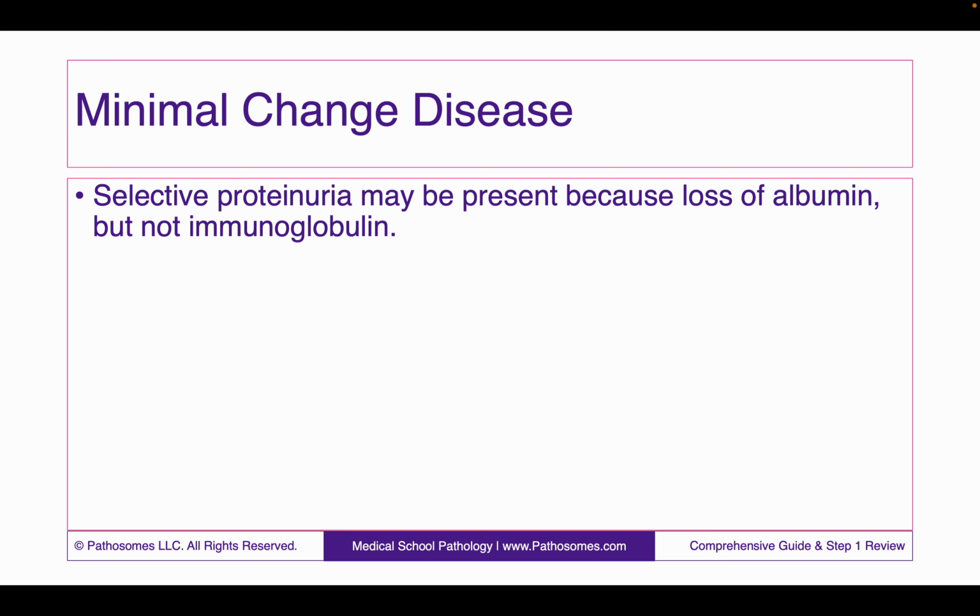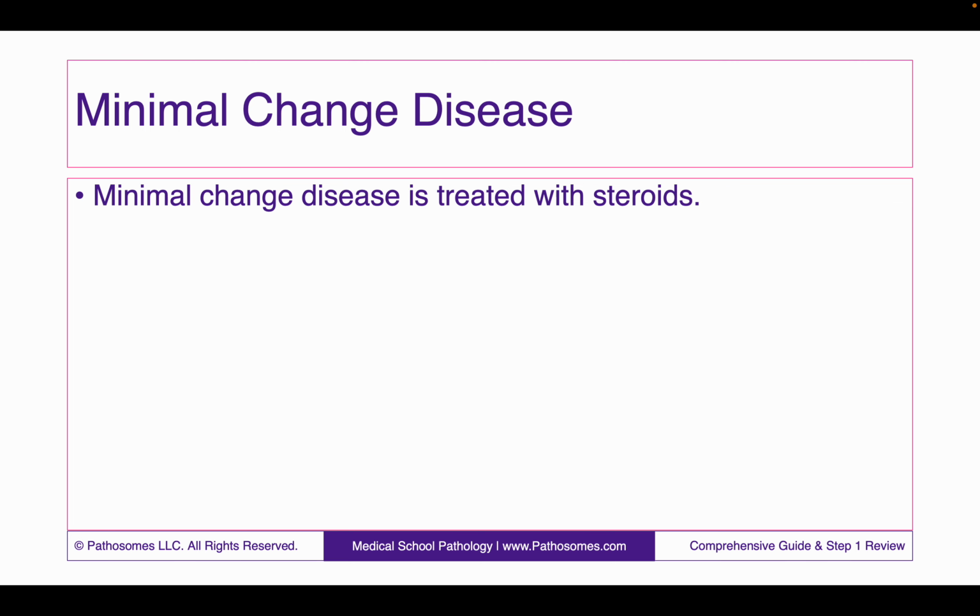Selective proteinuria may be present due to the loss of albumin, but not immunoglobulin. And how do you treat minimal change disease? Fortunately, we can use steroids. Minimal change disease is treated with steroids.